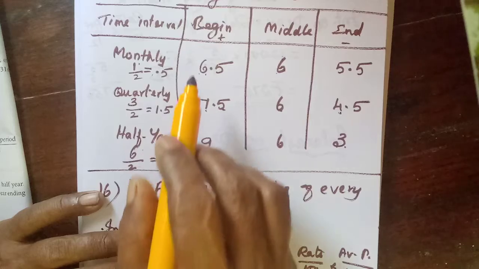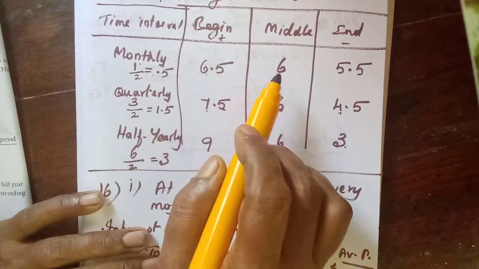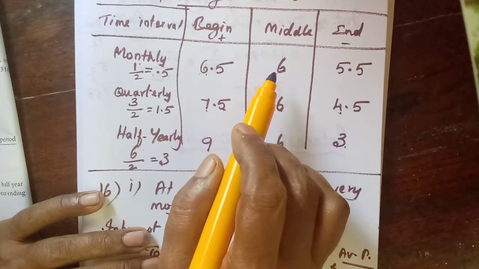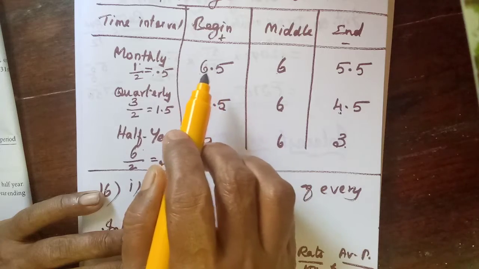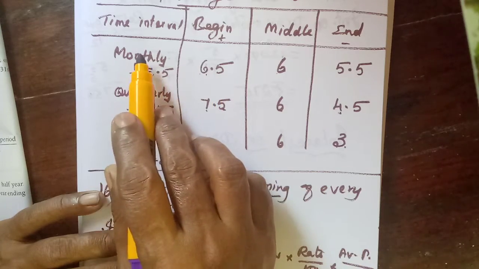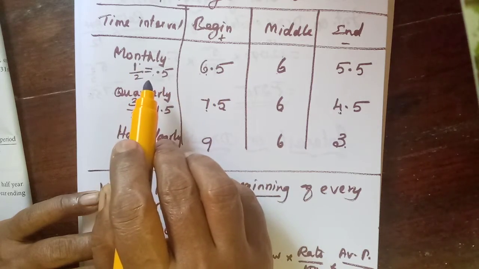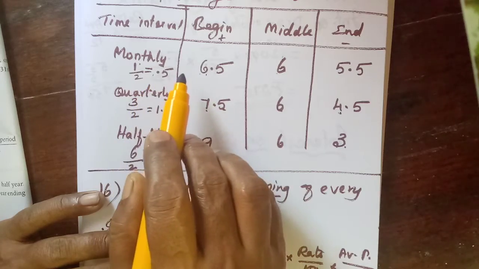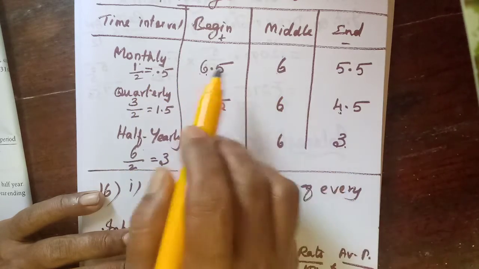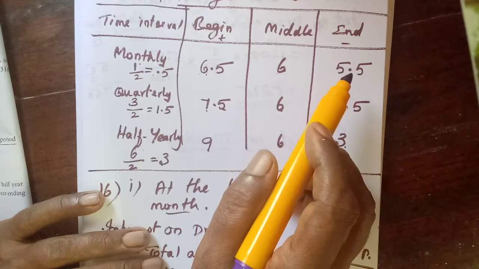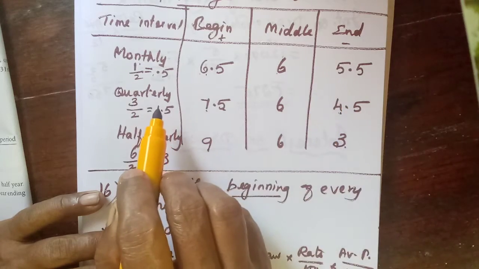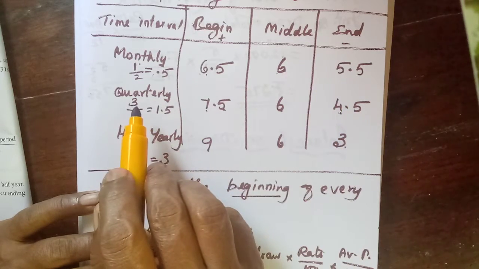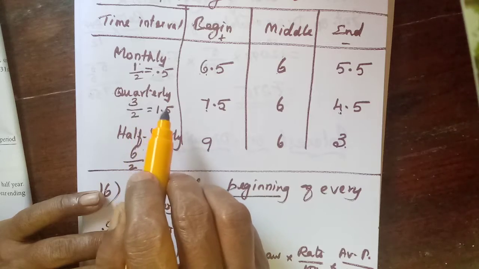So here I have told you to calculate the average period through the one cut chart method, isn't it? Monthly means 1 month, so half of that is 0.5. That you have to add for the beginning, and deduct for the end. Then quarterly, how many months? 3 months. 3 by 2, 1.5.